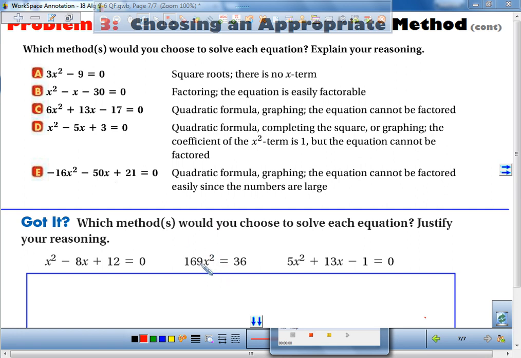Here we would use square roots because I could take the square root of both sides after I divide by 169. And then here, there's no factors of negative 5, because a times c is negative 5. There's no factors of negative 5 that add to give us 13. So here we could use our quadratic formula.